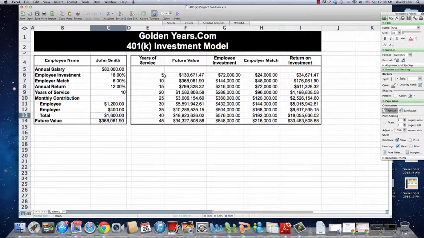Based on their years of service in skips of 5 years, say 5, 10, 15, 20, 25, 30, and so forth, and assuming that they are going to continuously contribute this much monthly total at this annual return rate, then this is how much they're going to have for their retirement.